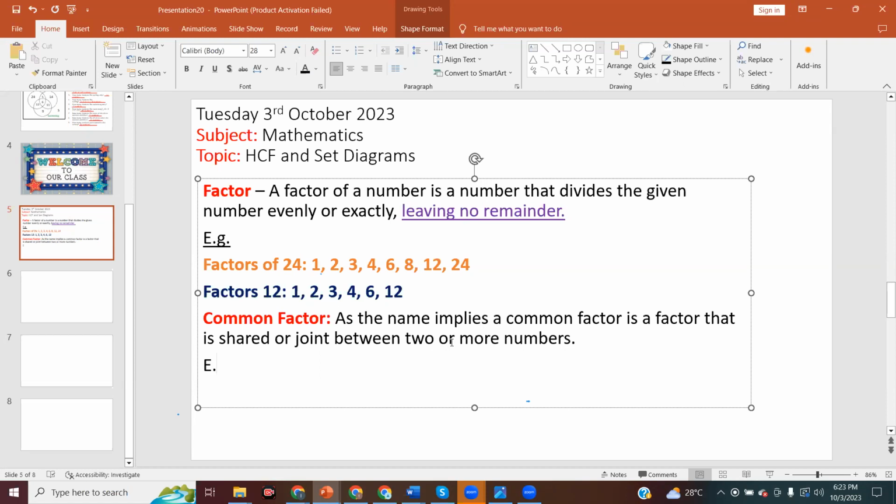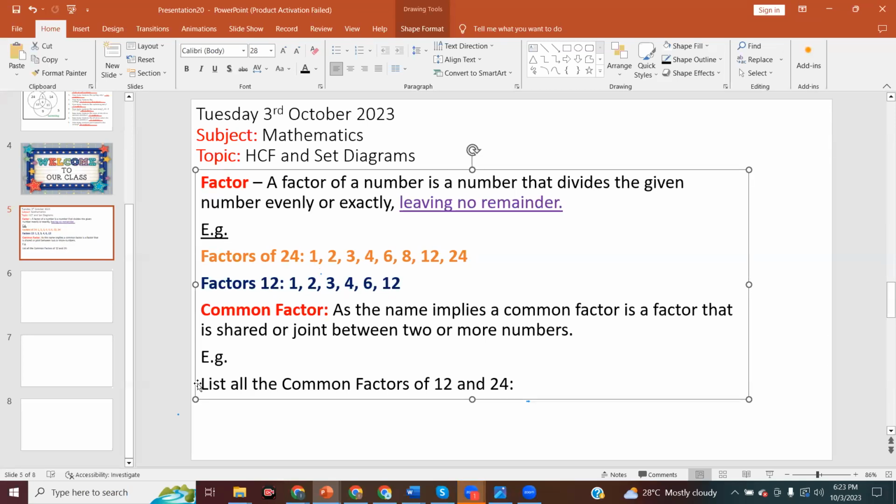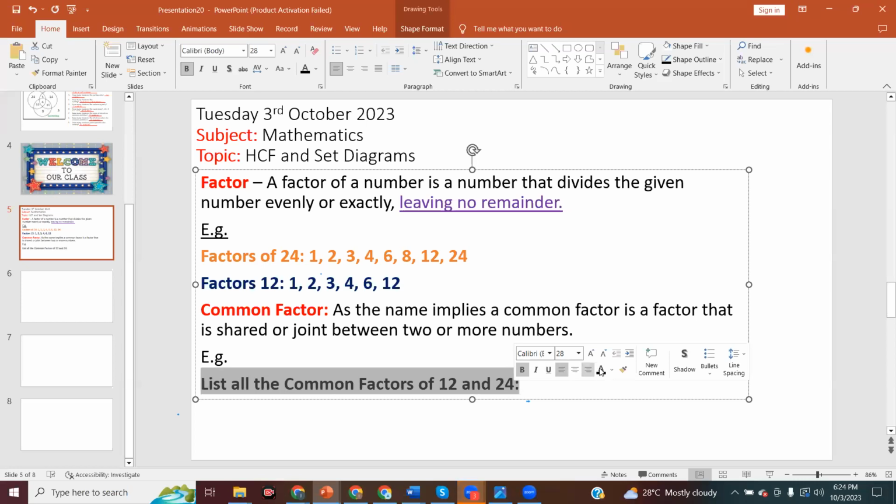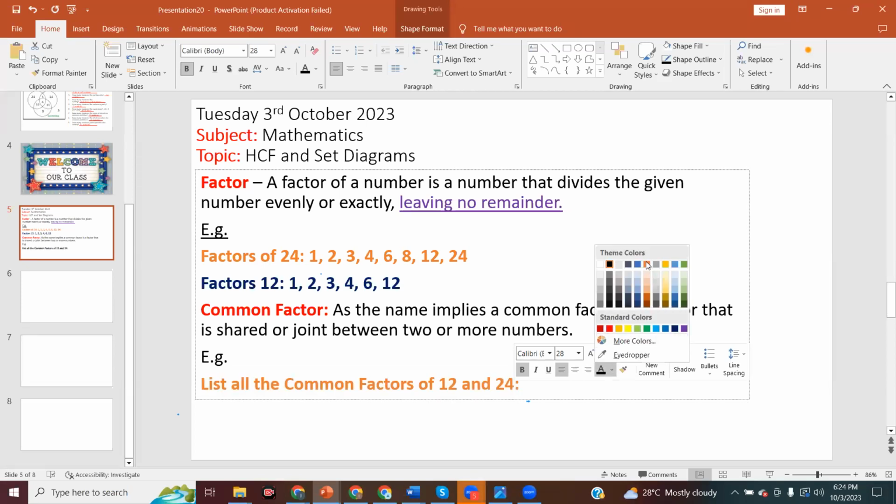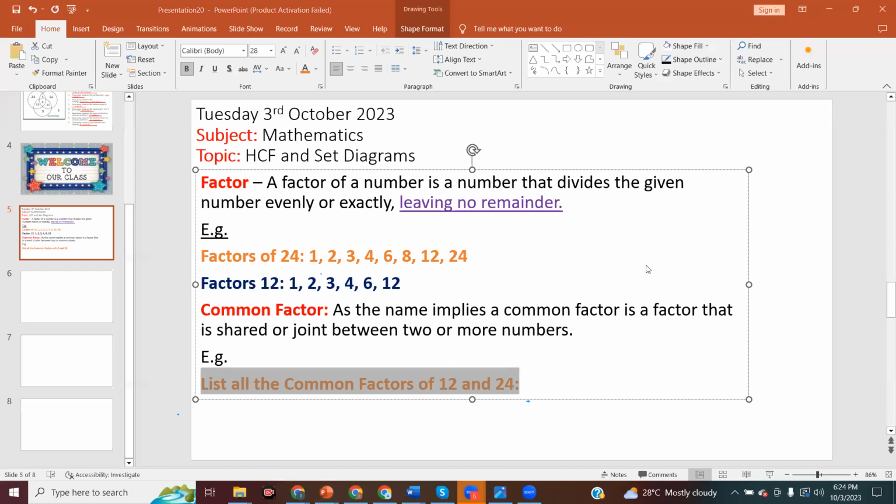So for example, I want you to list in the chat all the common factors of 12 and 24. A common factor is a factor that is shared or joint between two or more numbers. They share it, it's the same in both.